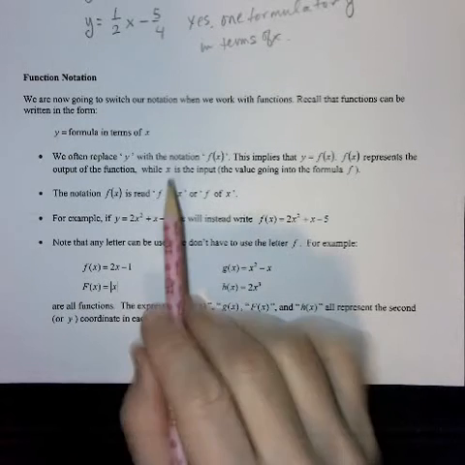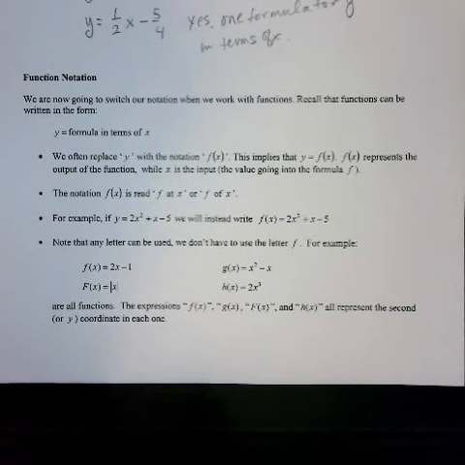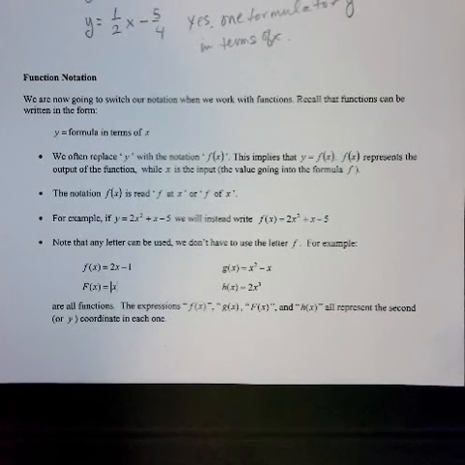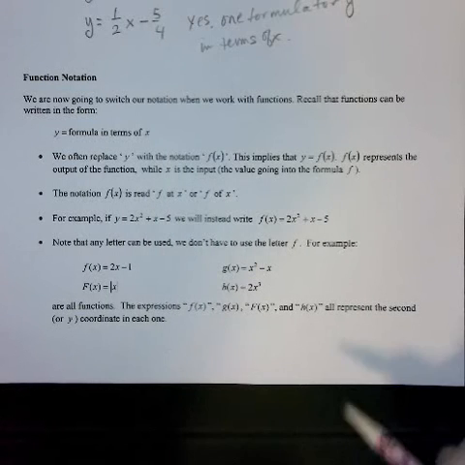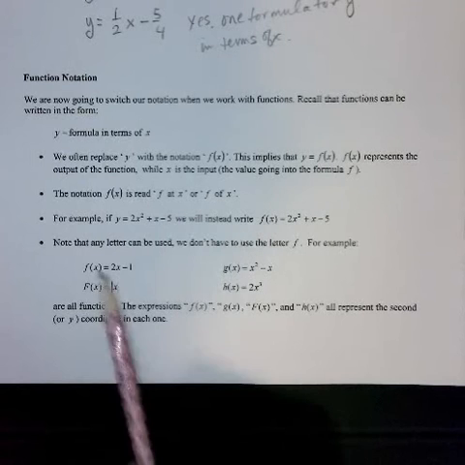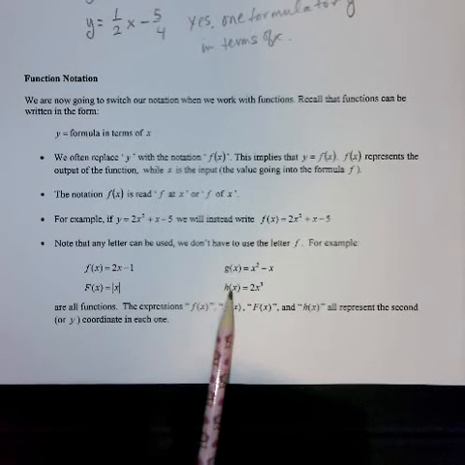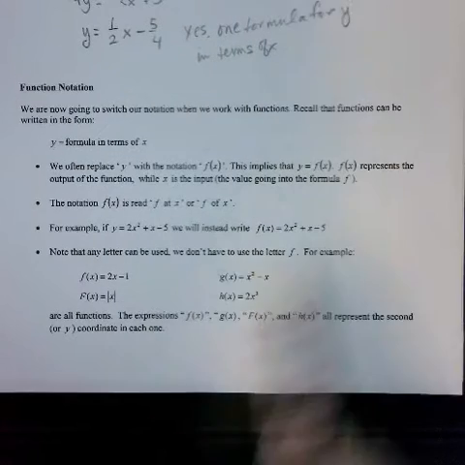You don't have to use f, but we use it a lot because function starts with f. But here we have different letters. The nice thing about this is now I can say function g and I'm talking about this formula, right?